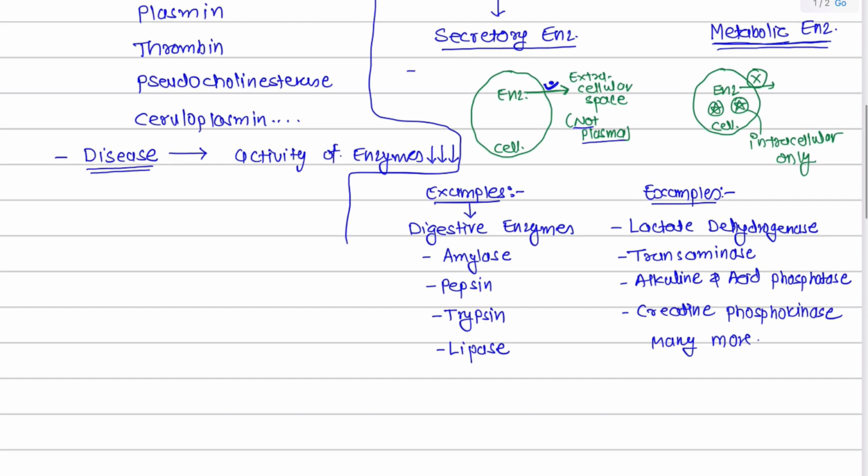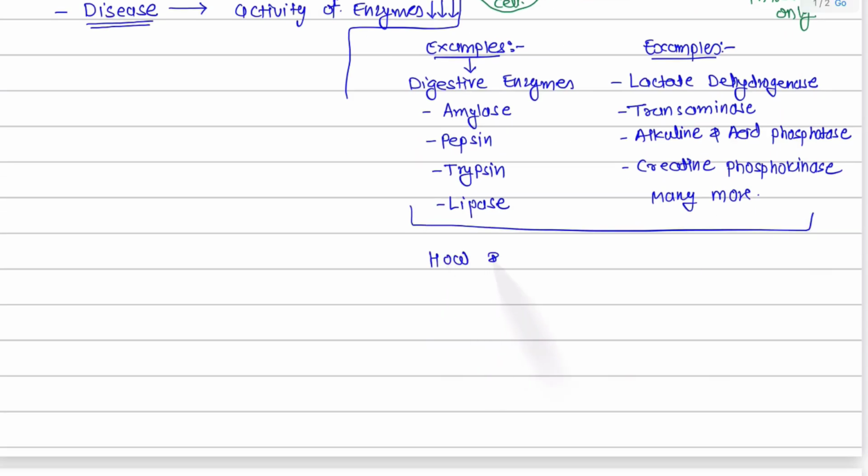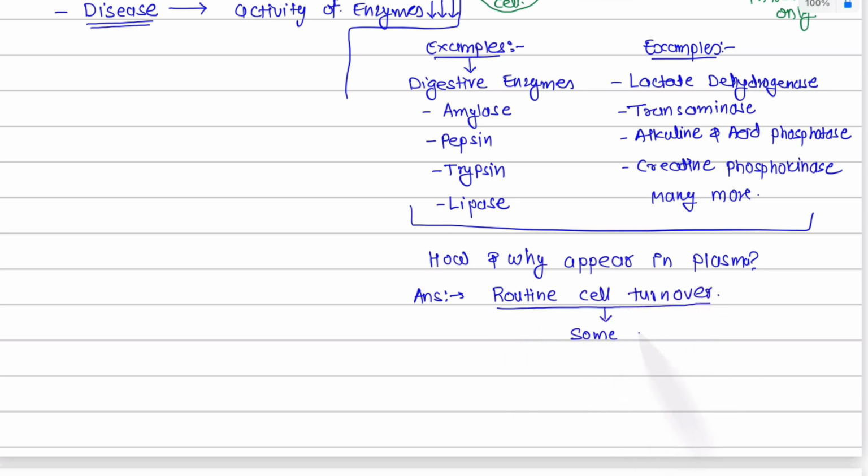Now, the question arises: if secretory enzymes' functional site is not the plasma and metabolic enzymes are not secreted into the plasma, how and why do they appear in plasma? The simple answer is normal routine cell turnover. As a part of routine cell turnover, some cells undergo natural death while new cells are synthesized.